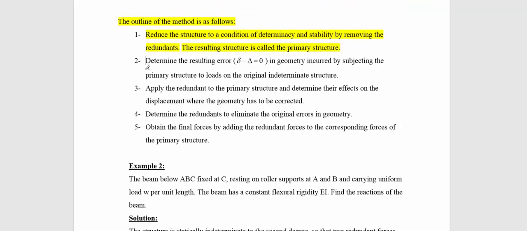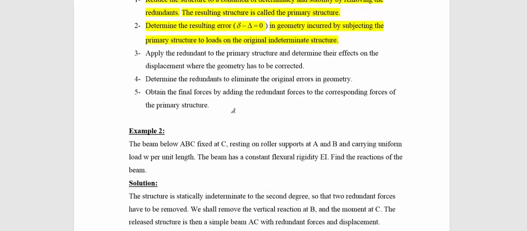Second step, determine the resulting error: delta due to applied load minus delta due to concentrated load equals 0, in the geometry incurred by subjecting the primary structure to loads on the original indeterminate structure.